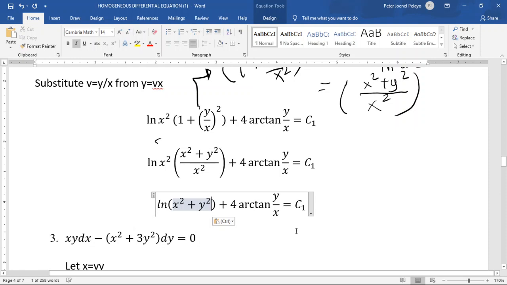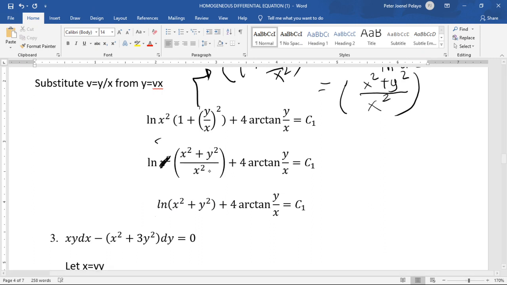So magiging ln of x squared plus y squared plus 4 arctan y over x is equal to C1. So ito ang ginawa lang natin, cancel to. So ito ang magiging final answer.